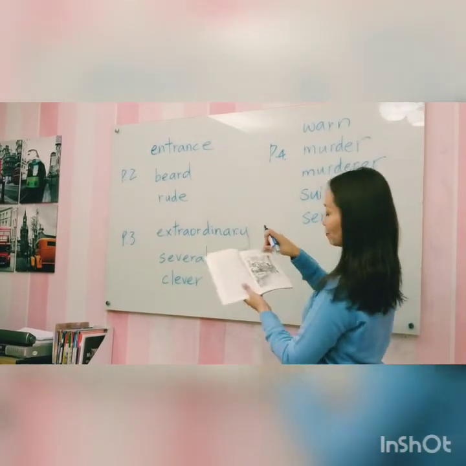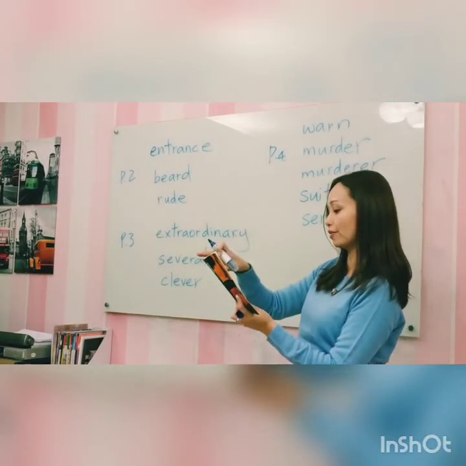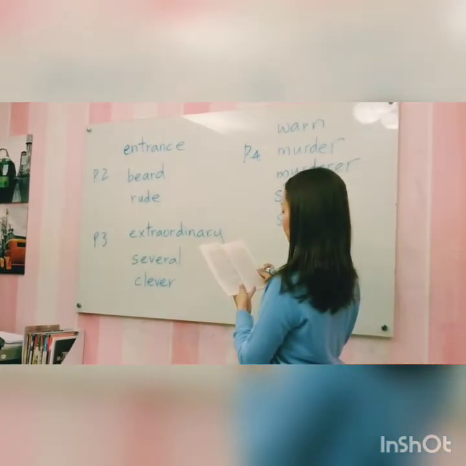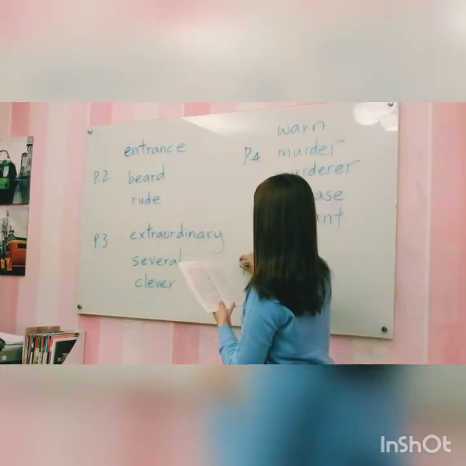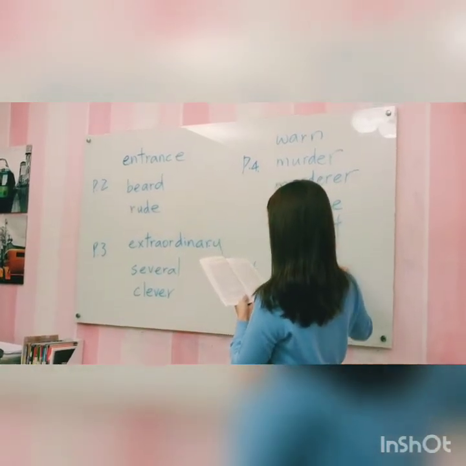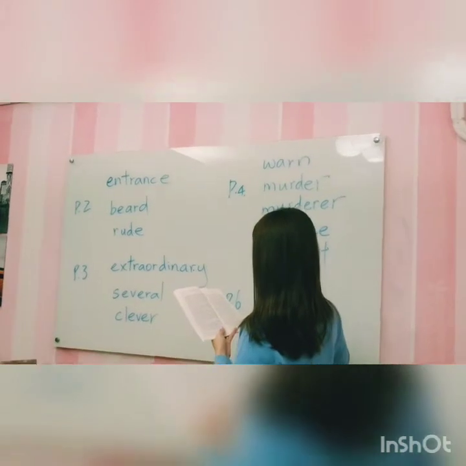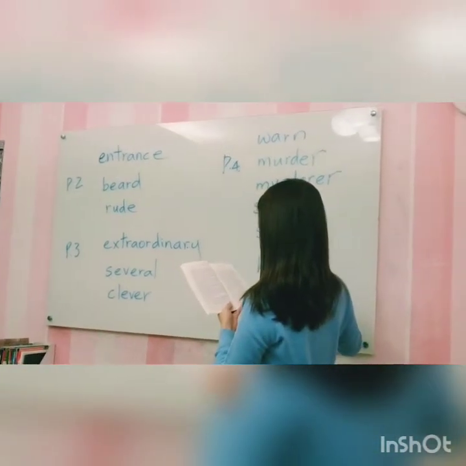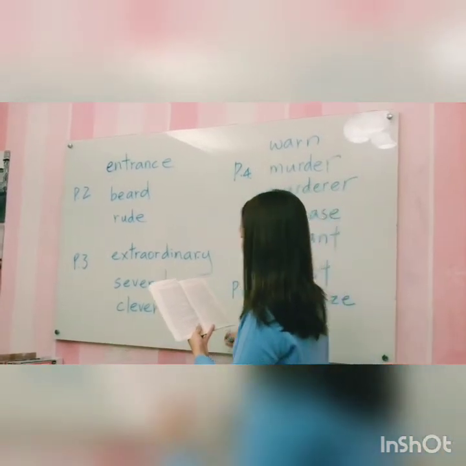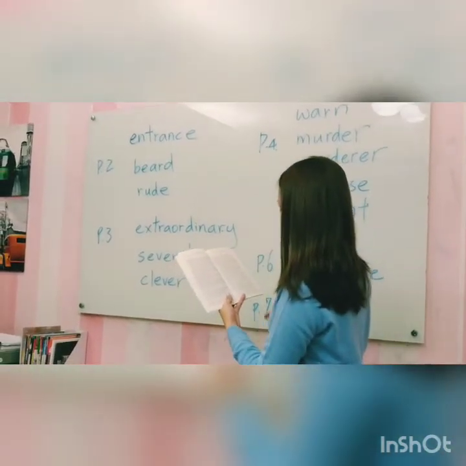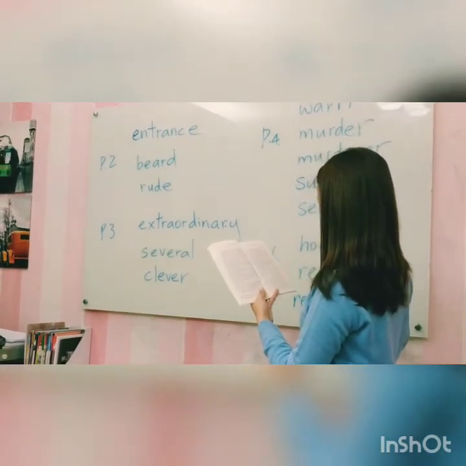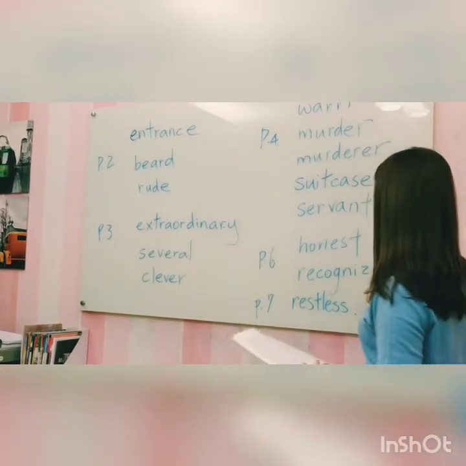And then page 5 is a picture, so obviously there isn't much. And then on page 6, recognize. And then on page 7, probably we'll just pick 1 or 2 from here. Restless. And a hawk.